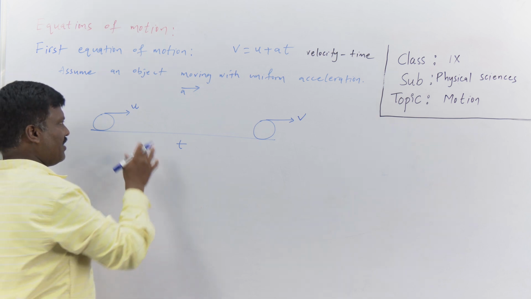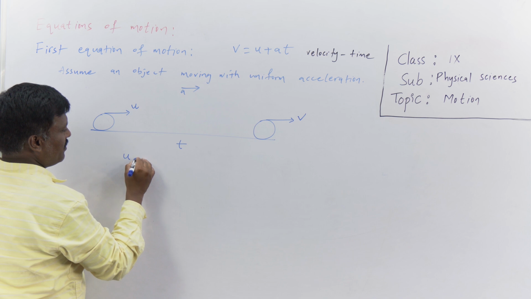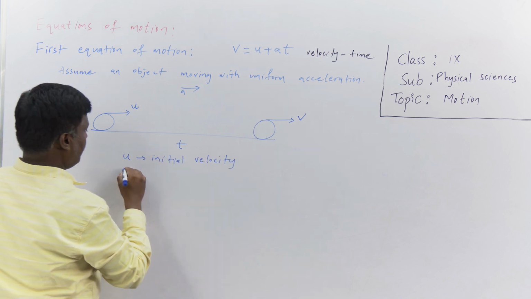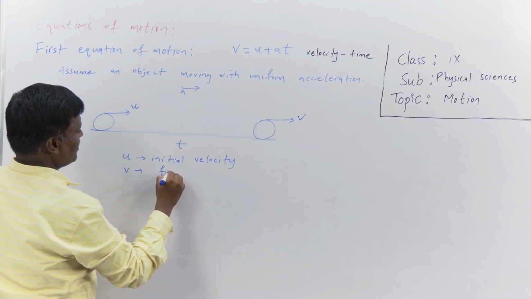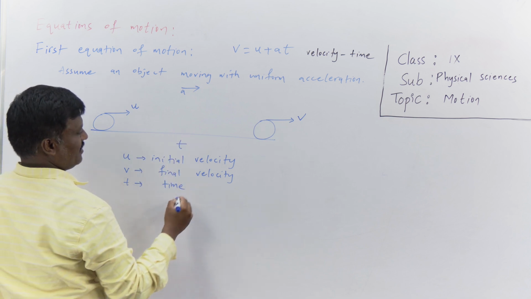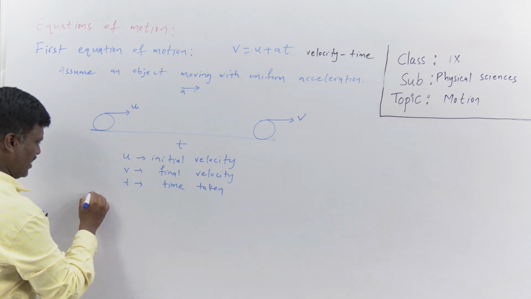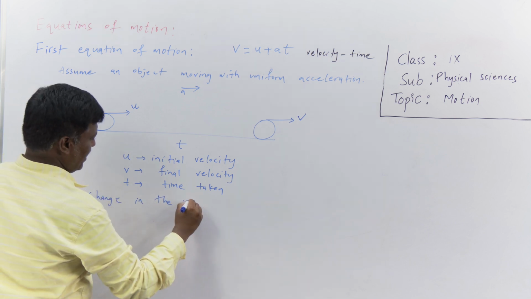So here, u refers to initial velocity. v refers to final velocity. t refers to time taken. Here the velocity has changed. So what is the change in the velocity?